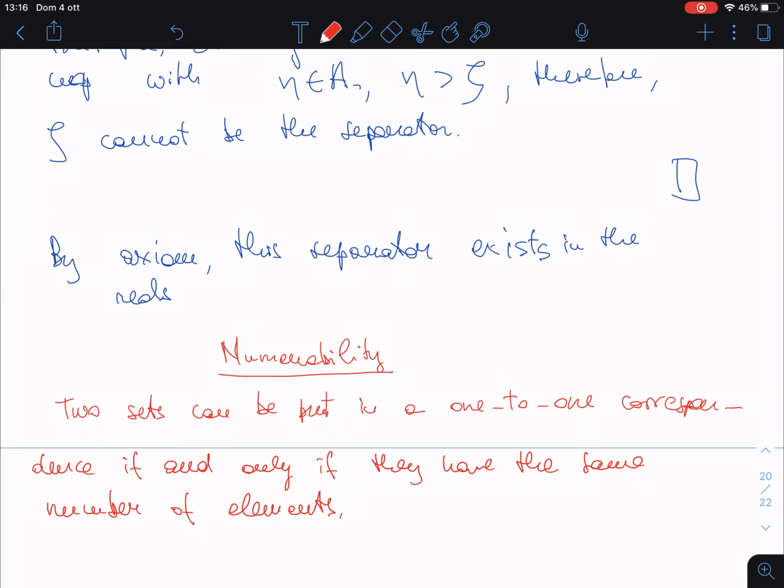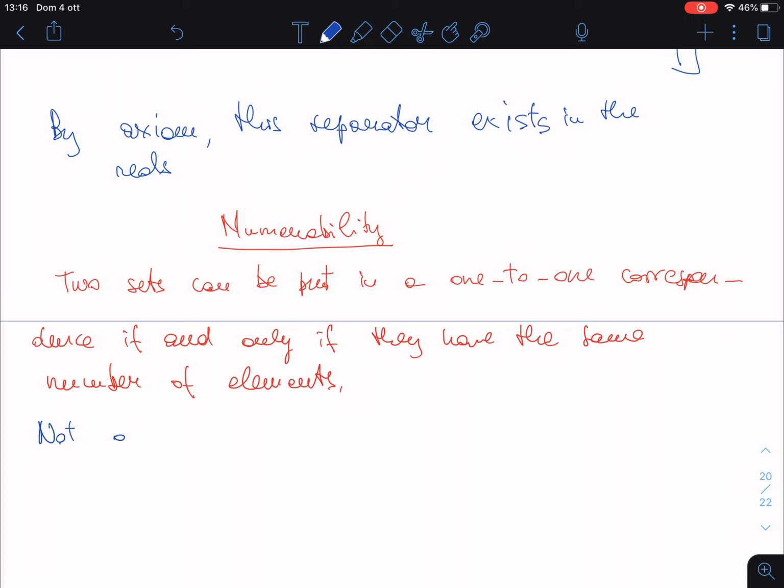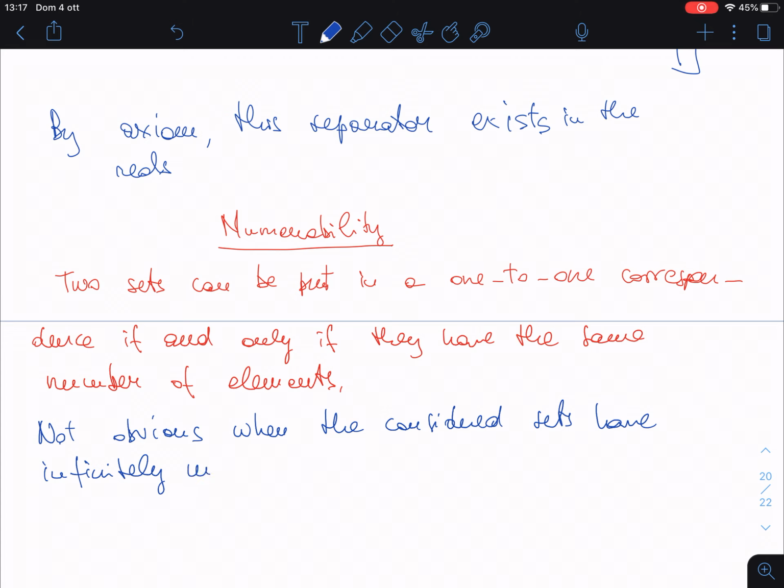So, not obvious when the considered sets have infinitely many elements. So to say, they are infinite sets.